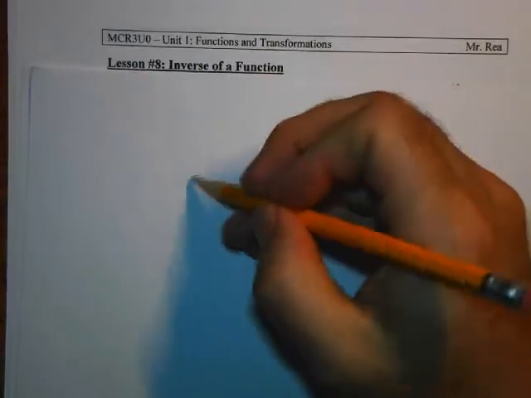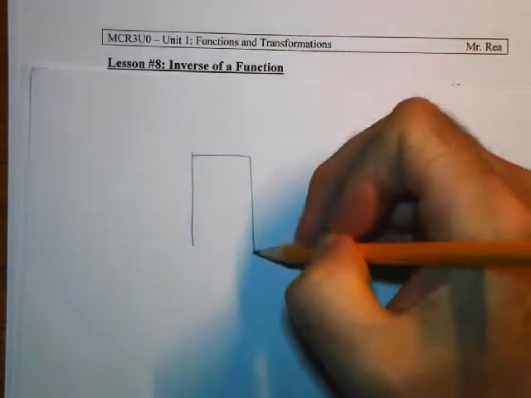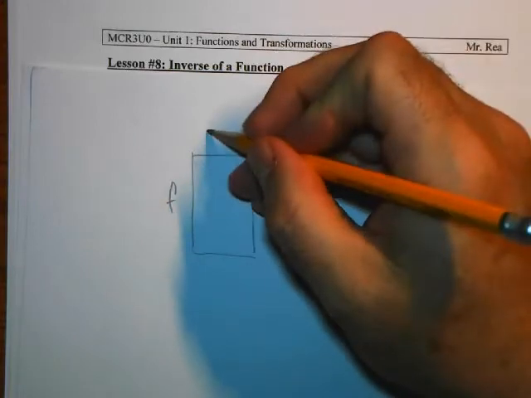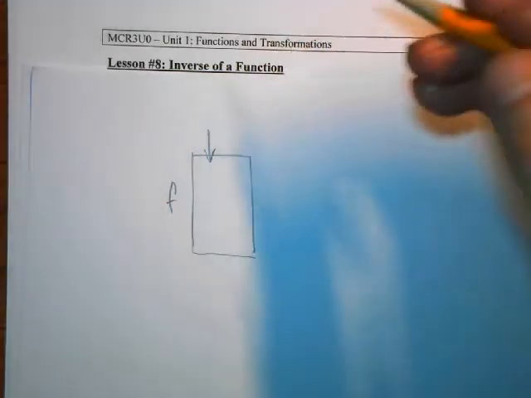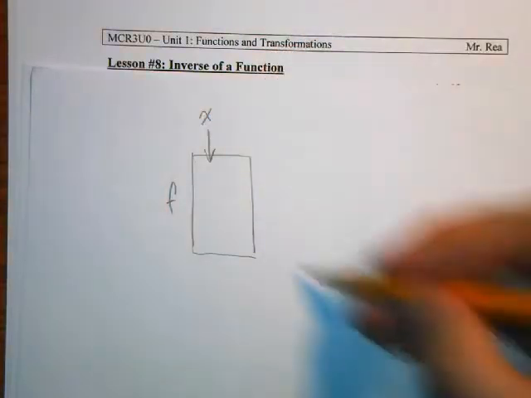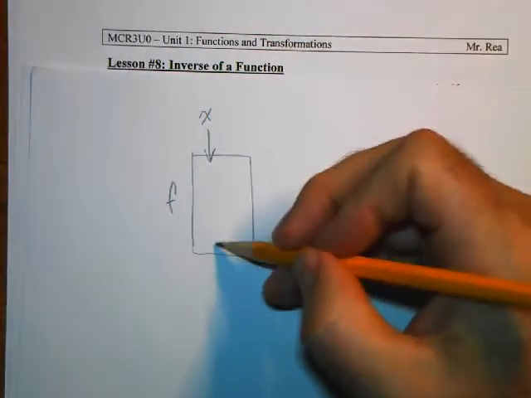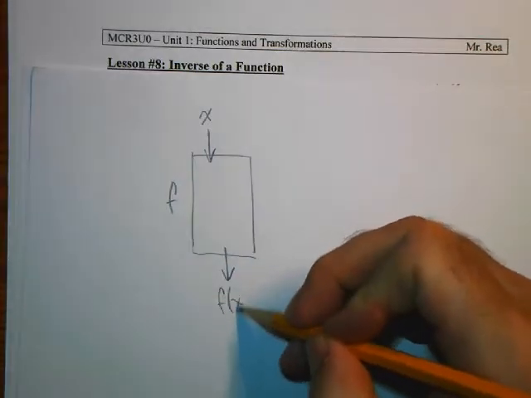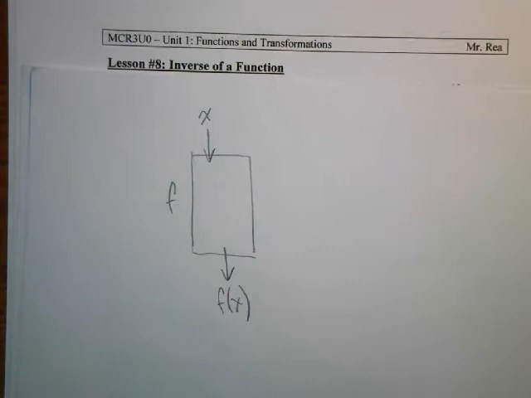If you remember when we talked about function notation, we had this magic box, which was a function called f, and the input comes in, we'll call it x for now, and the function f does something to it, and the output is f of x. So that's just basic function notation.